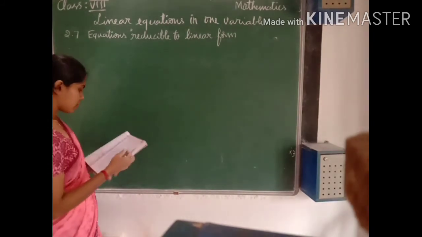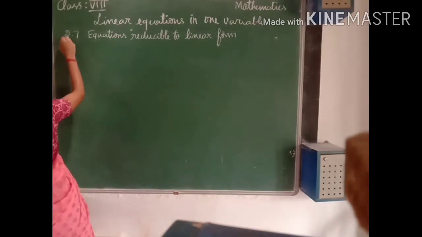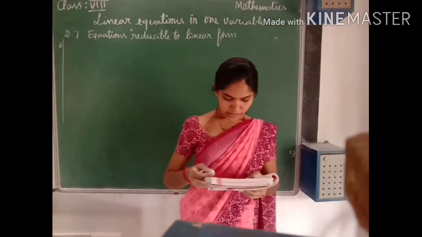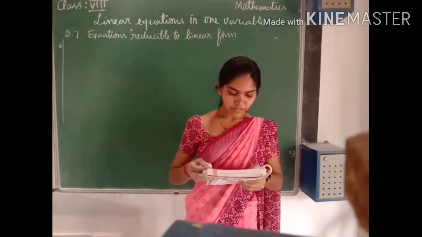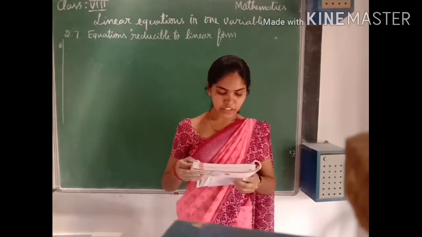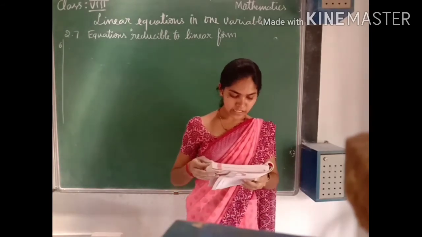The sixth problem is a word problem. The ages of Hari and Harry are in the ratio 5:7. 4 years from now, the ratio of their ages will be 3:4. Find their present ages.